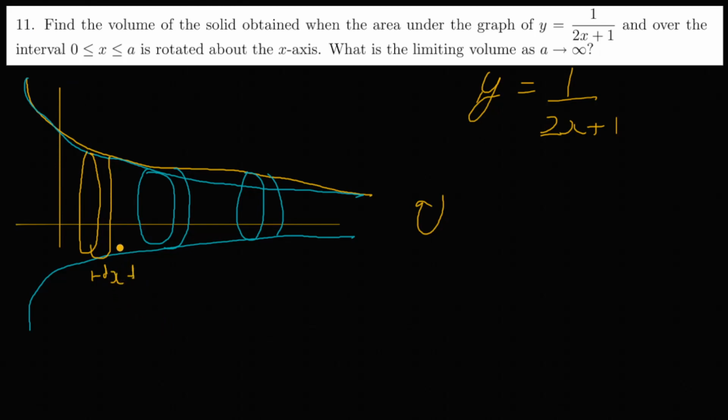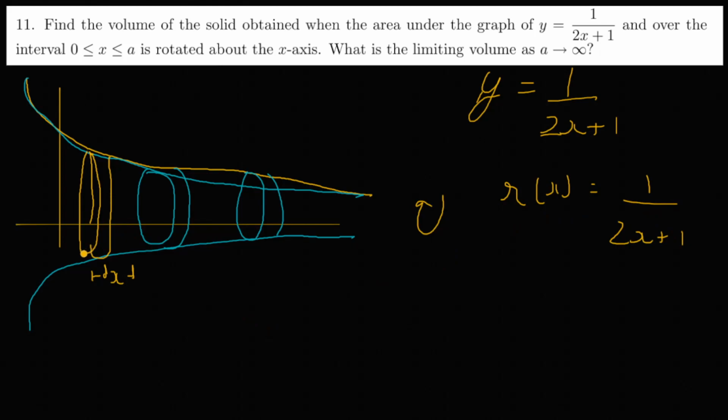But what is the radius going to be? It is varying for each disc. So the radius is basically going to be the y value of the function at that point. So our radius as a function of x is 1 by (2x plus 1).